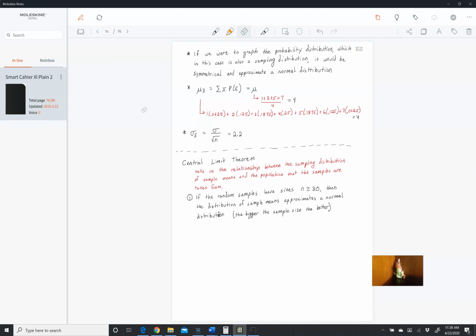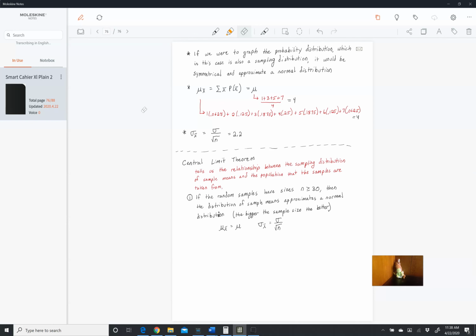Okay, and again, what does this mean? Mu of x bar is equal to mu, and sigma of x bar is equal to sigma over the square root of n. Okay, so we can use that.